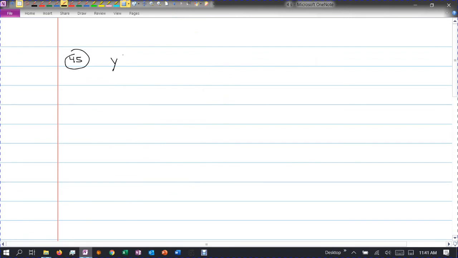Okay, 45. Okay, y prime plus tangent x times y, this is the way they have it written, equals cosine squared x. They're telling us that y of 0 is negative 1. Okay, I think you could probably handle that because we have done enough of these. So let me take you to what you get for y.